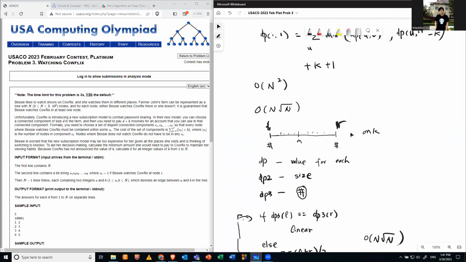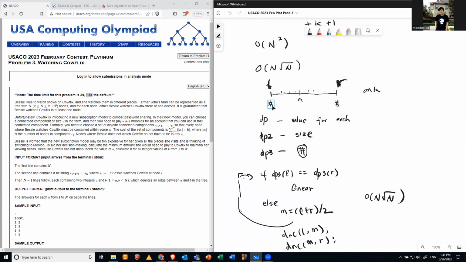because the reason you can do that is because if left and right are the same, you can solve everything in between as a linear pass, O of 1 each. So it's basically O of 1 times right minus left, plus 1 to be exact.